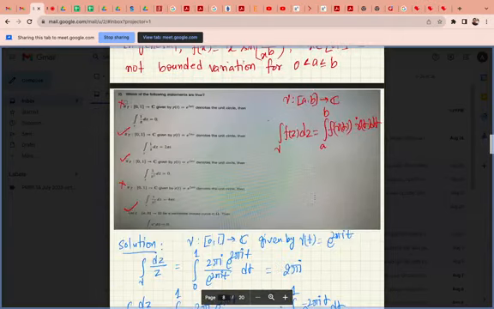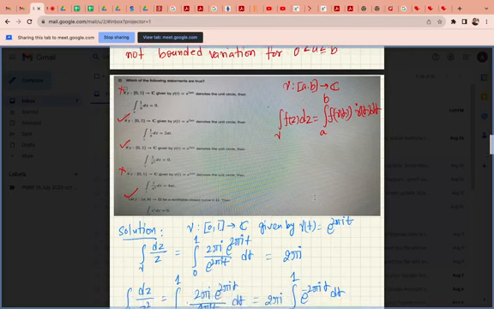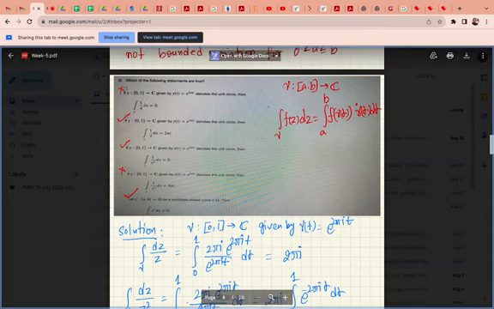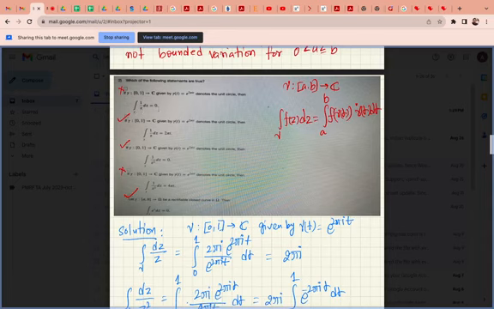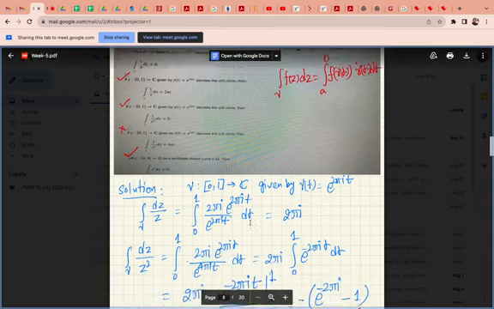Let us look at the next problem. If gamma from 0, 1 to C given by gamma t equals e to the power 2 pi iota t denotes the unit circle, then the integral of 1 by z over gamma is 0. So this is not correct.